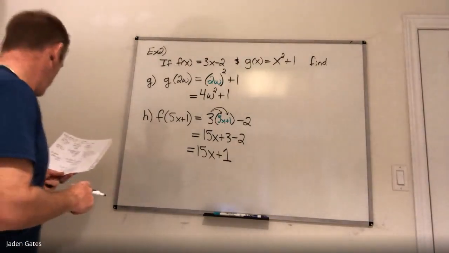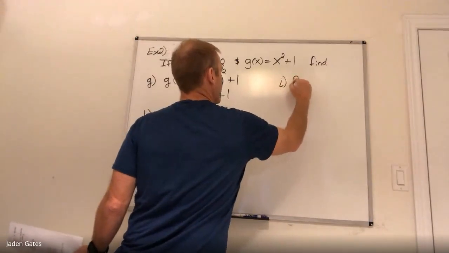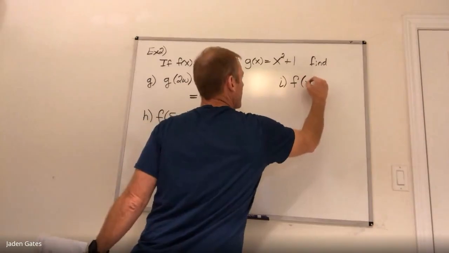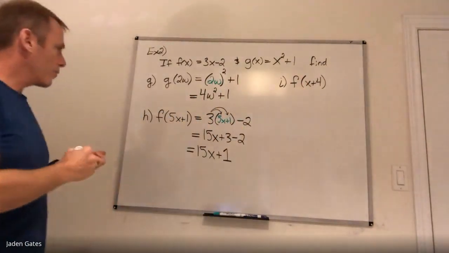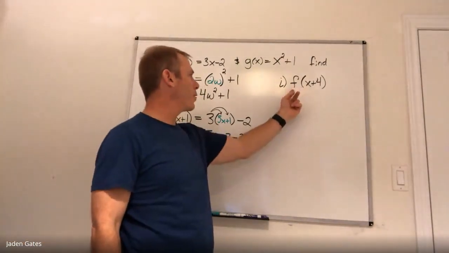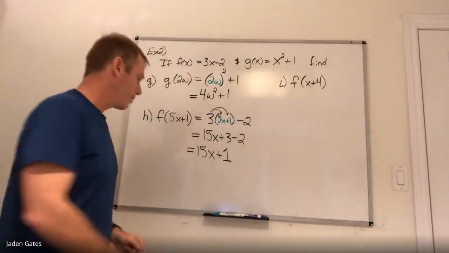All right, let's see. Last one. I call this I. We have f of x plus 4. So again, I'm using my function notation. I've got to use the f equation. I'm going to substitute in an x plus 4 in for x, which is kind of weird.